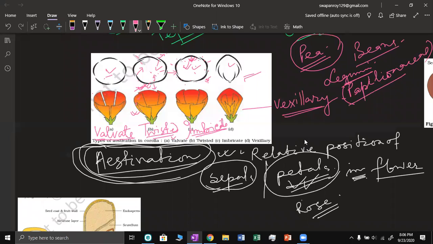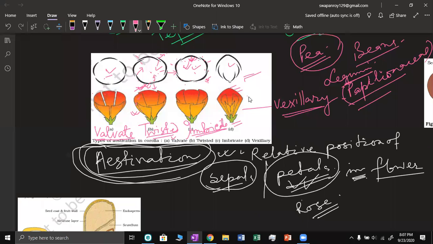In Papilionaceae, this flower has bilateral symmetry. There are 5 petals. Out of the 5 petals, one petal is extraordinarily large.